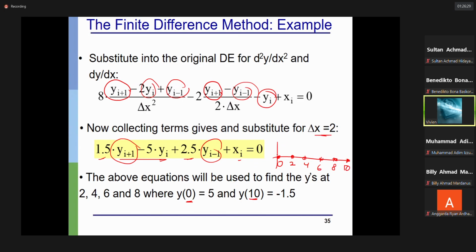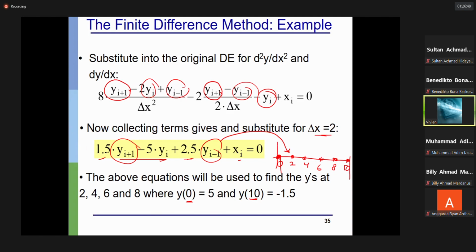Now the boundary condition is specified at x0, so this will be the boundary condition, and at x equals 10. So the interior nodes means that we have 1, 2, 3, 4. So 4 interior nodes. For each of the nodes, we will apply this equation.